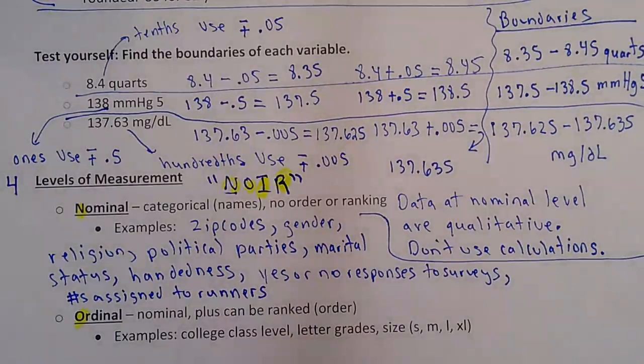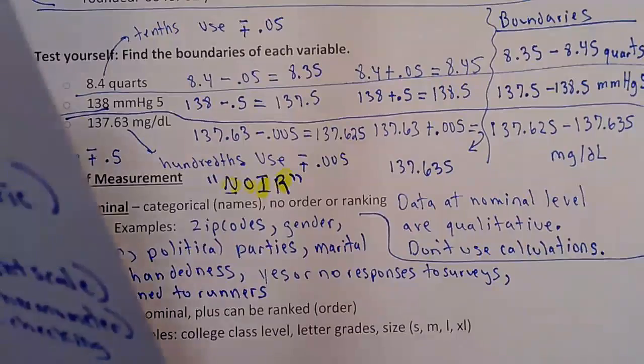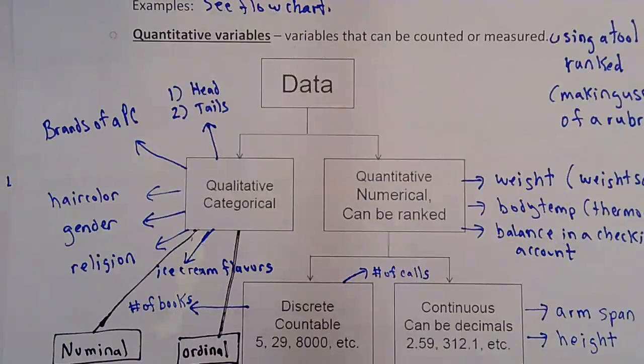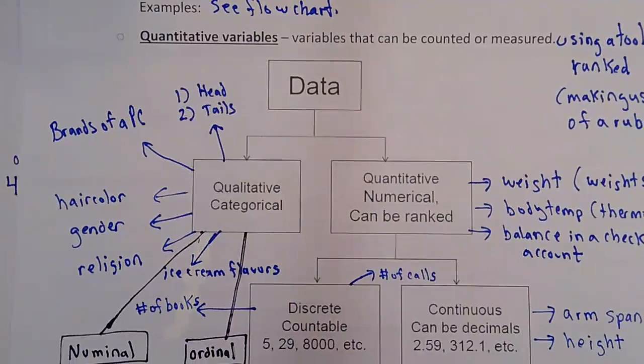Okay, ordinal. Nominal plus can be ranked, like somehow ordered. And so if I look at my chart on ordinal, let's see. So I have ordinal here, and I have back to qualitative categorical.